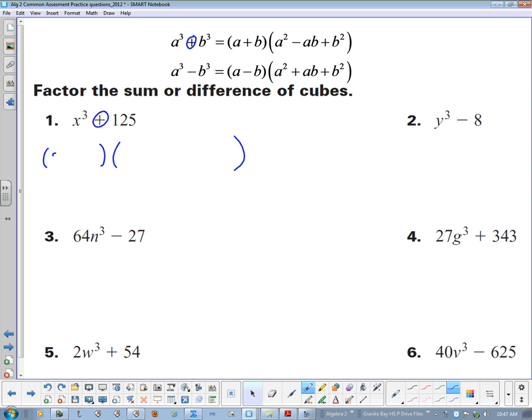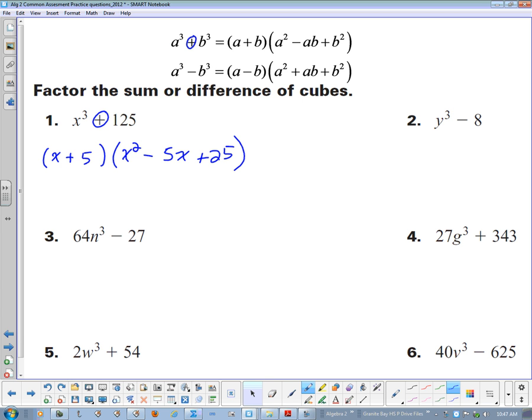X plus, what's the cubed root of 125? 5. Now over here, we're going to get x squared. Then minus 5x. And finally, plus 25. And you could try to continue, but you've exhausted all your factors here.